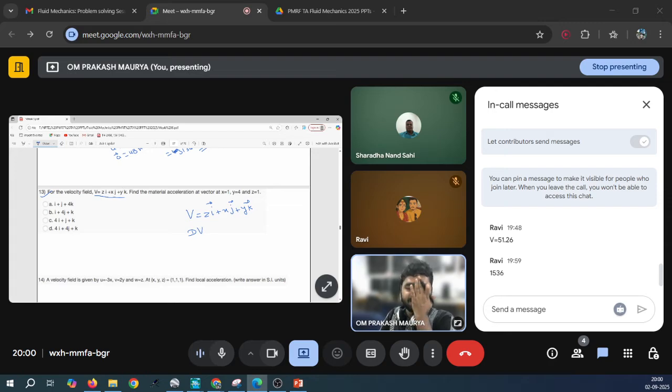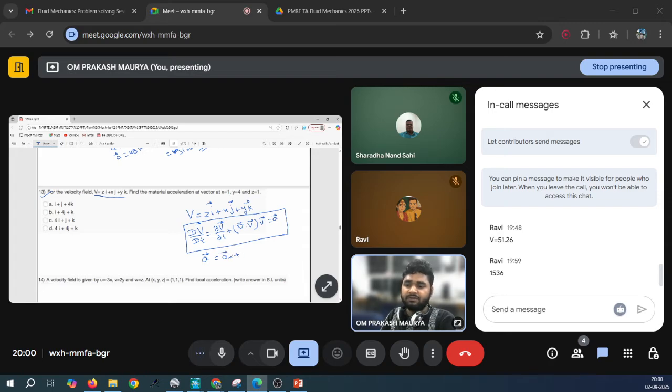So what is material acceleration? Let me just discuss here. This is your material acceleration, Dv by Dt equals del v by del t plus the convective terms, or sometimes you will write it like that, meaning total acceleration.